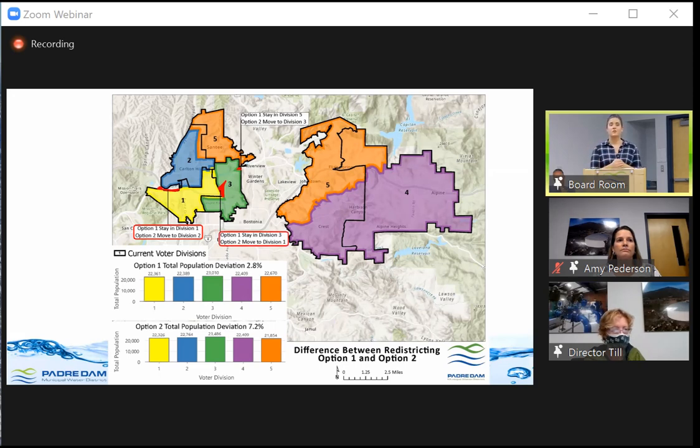A little more over to the right, we have another area, and this area would stay in division three in option one or move to division one in option two. Just to the northeast of that, we have an area that would stay in division 5 in option 1 or move to division 3 in option 2, again following its census block group, which has a bit bigger footprint than the smaller census blocks.